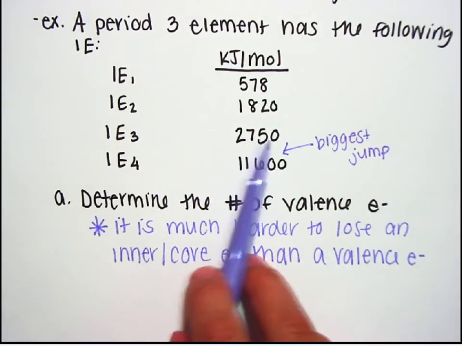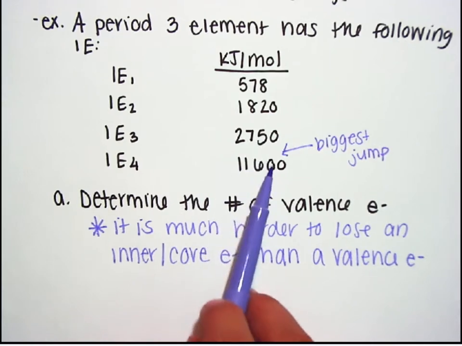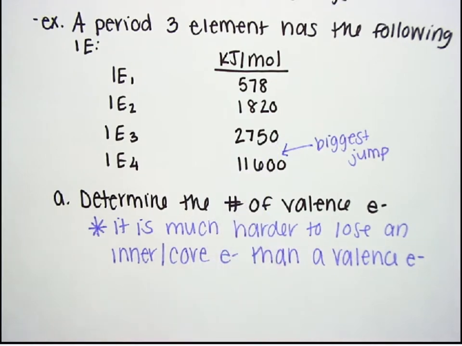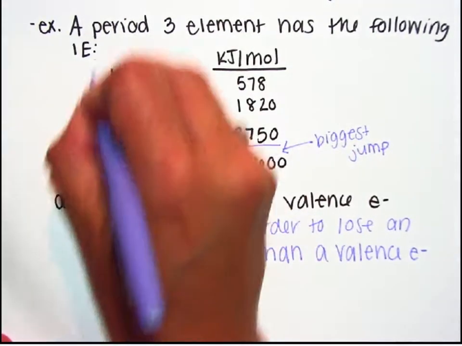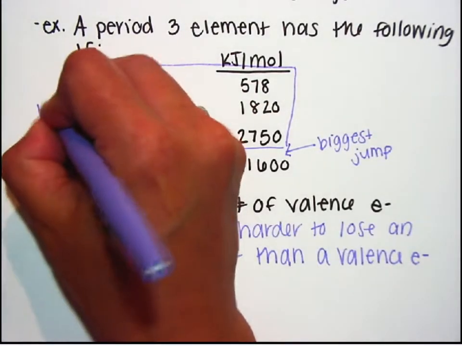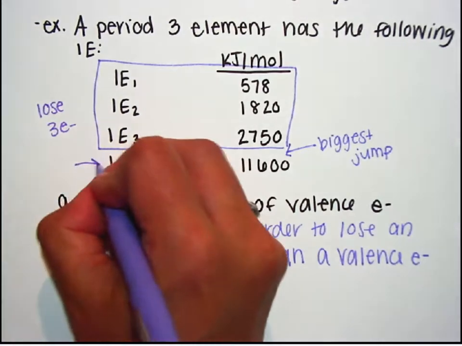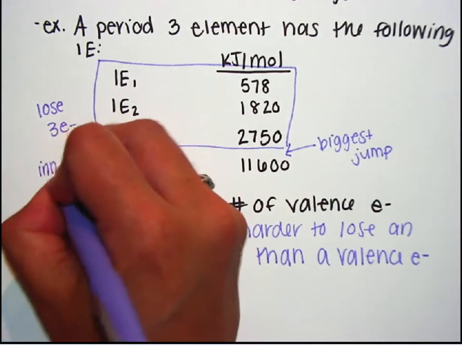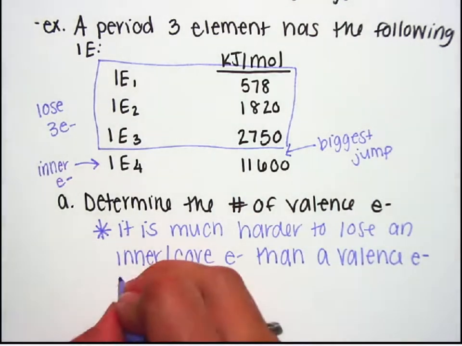About 2,800 kilojoules per mole up to almost 12,000. That is a huge jump in energy. That means that we can relatively easily lose 3 electrons. That means this 4th electron is probably that first inner core electron.